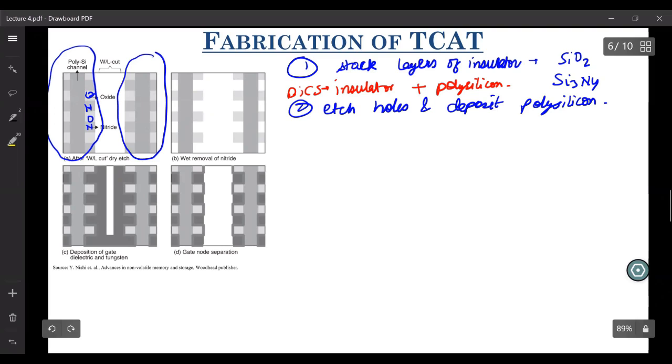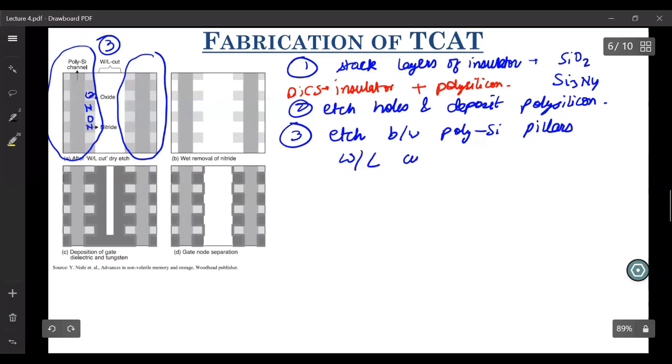Now let me discuss gate formation. This is your third process, which is shown here. In the third process, you etch between the pillars, between your polysilicon pillars. This process is known as W/L cut, called word line cut, and it's used to define your metal control gates.